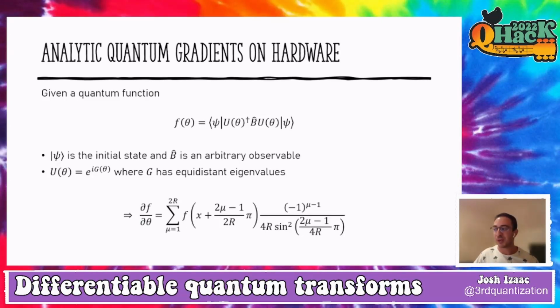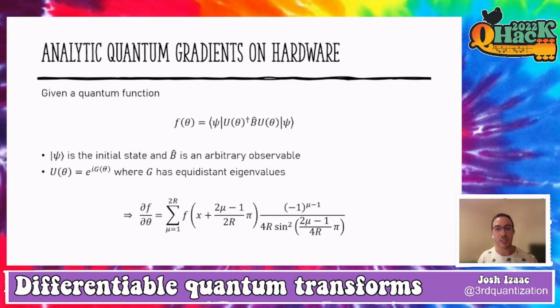The derivative of that quantum function with respect to the input parameter can always be represented as a summation over that quantum function itself being evaluated at different shift values with different coefficients. This is a really neat result because it means that we can simply reuse the quantum function that we started with to compute the gradient.